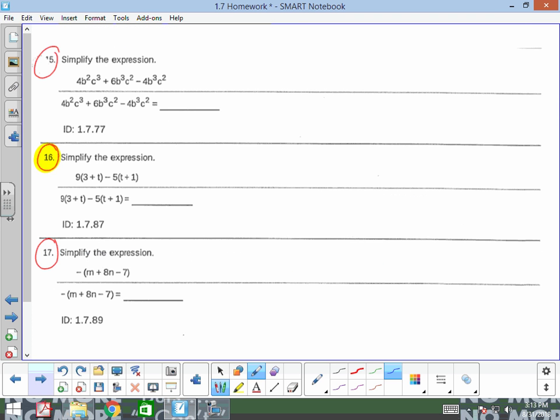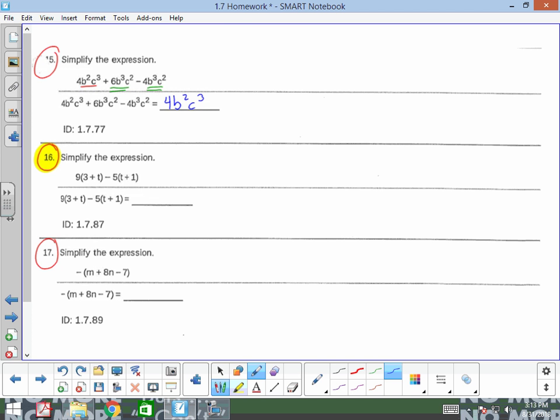Number 15. You don't have to show work on number 15, but be careful. Look for ones that are like terms. This one is b squared c to the third. It doesn't have another b squared c to the third in here, but we do have a b to the third c squared. So we're not going to add the 4b squared c to the third to anything because there's no other term that has b to the second c to the third.